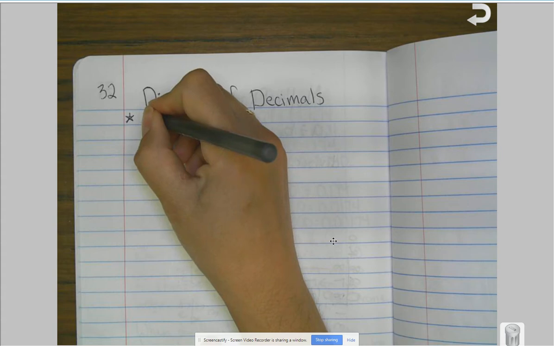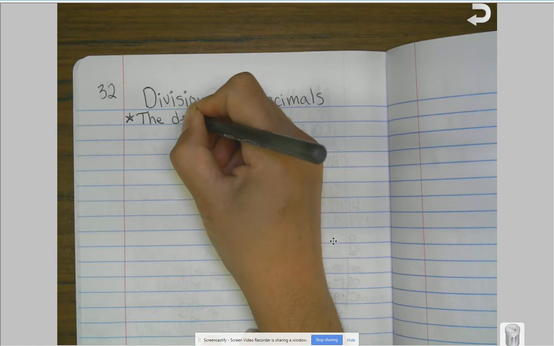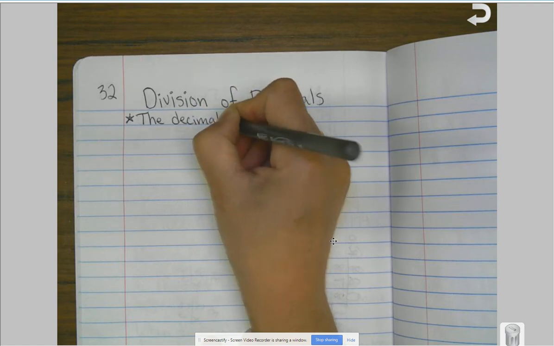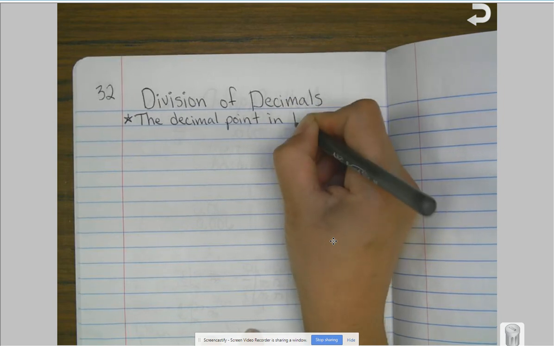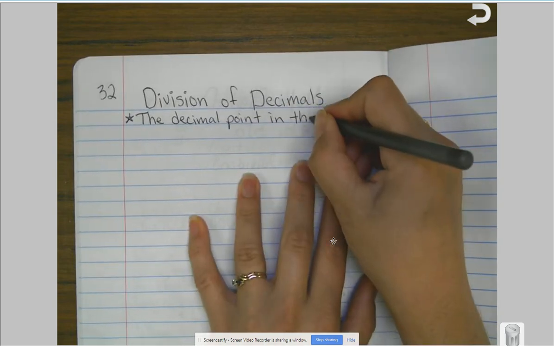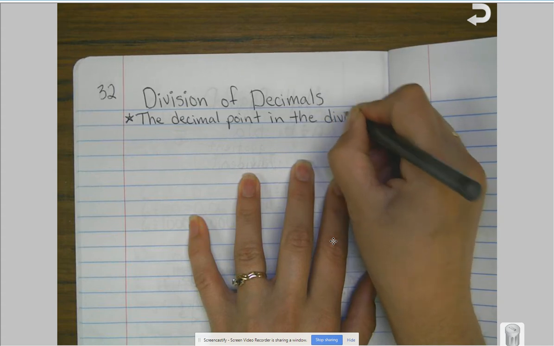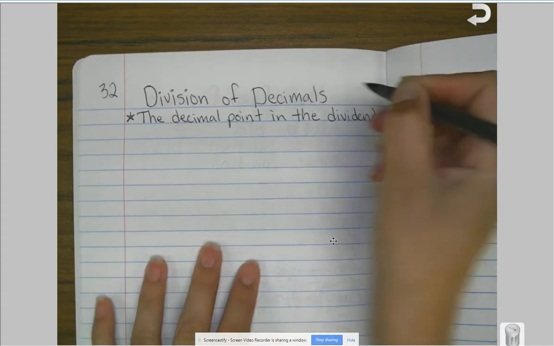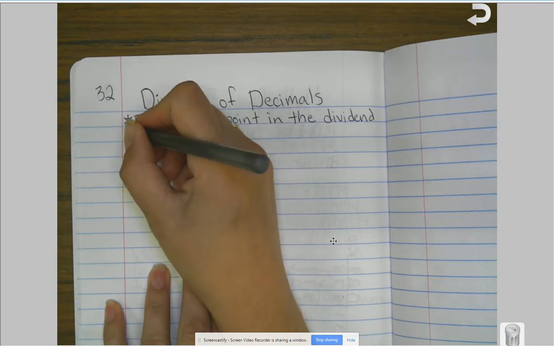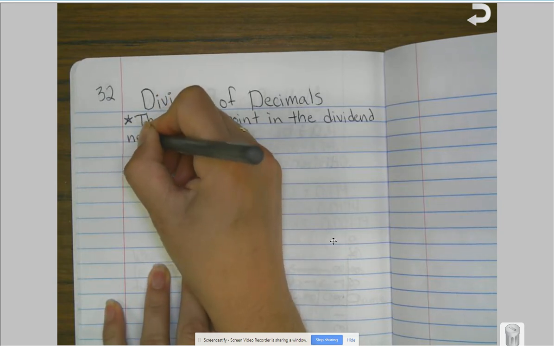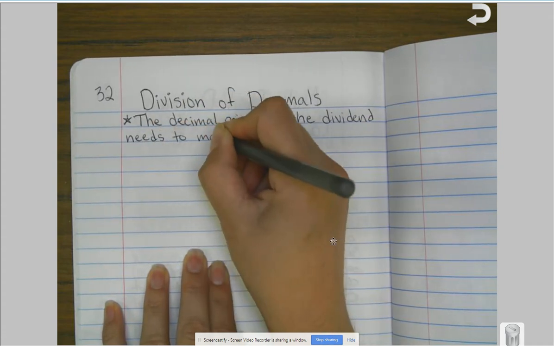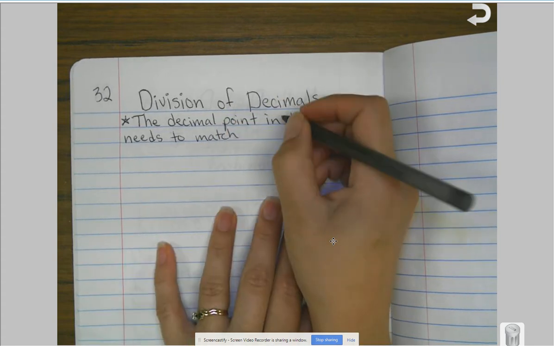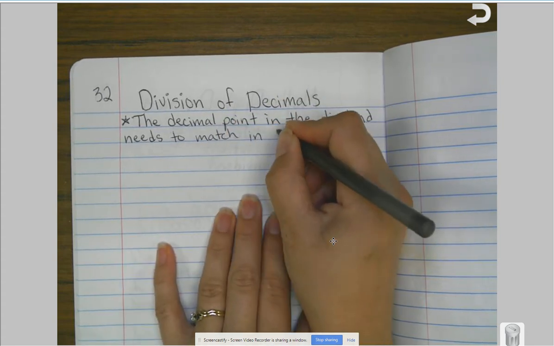And I want you to remember that the decimal point in the dividend, or the number that you're dividing, needs to match in the quotient, in the answer.